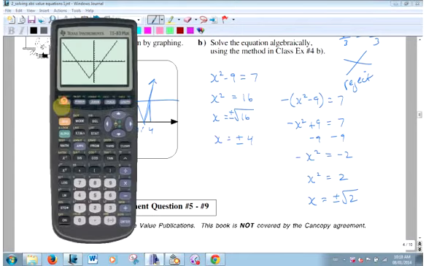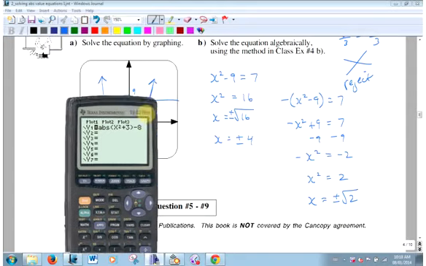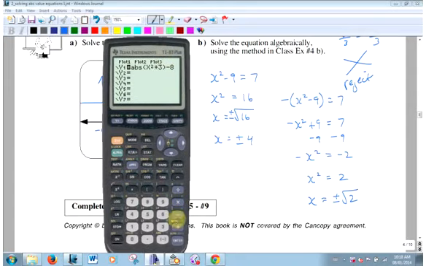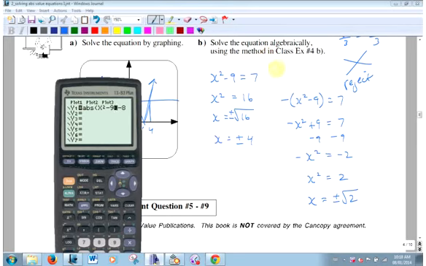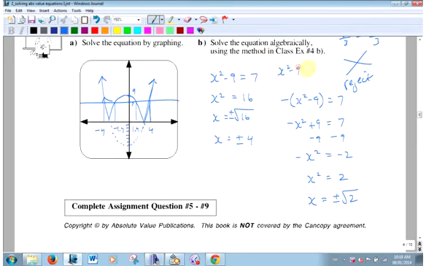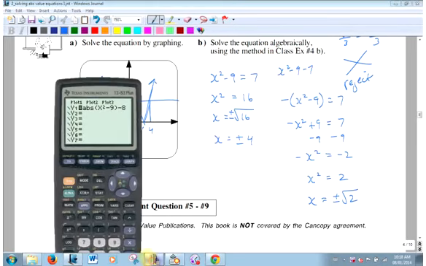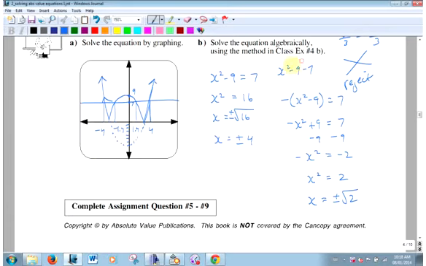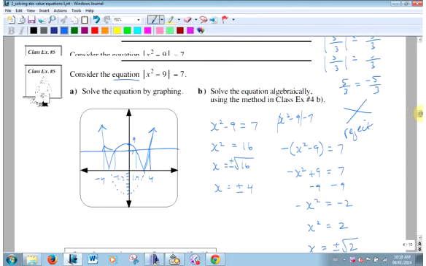And lastly, how can we check that guy? That is x squared minus what? 9? Oh, I got a bad memory. Okay, I got to bring the 7 to the other side, right?